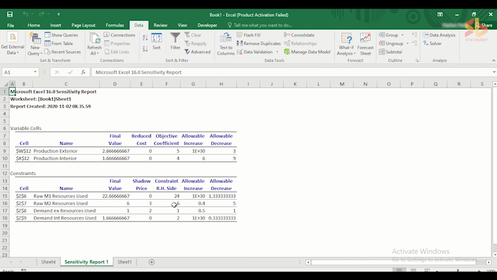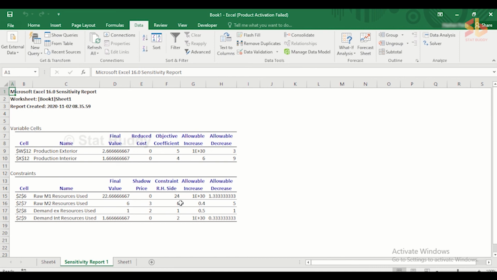This shadow price says if I increase the right hand side of the second constraint by 1, the total profit, the optimal profit, is increased by 3 units.